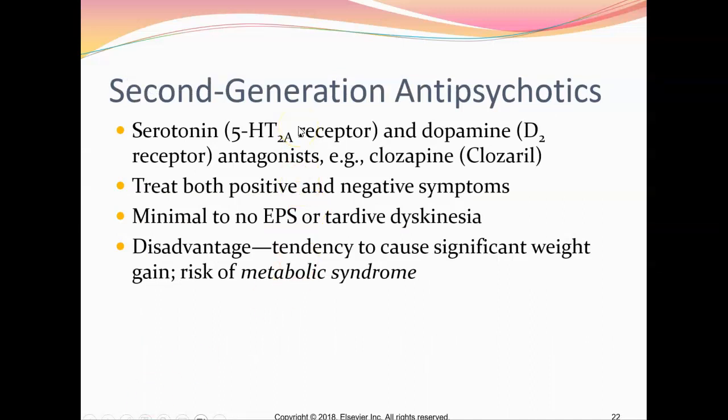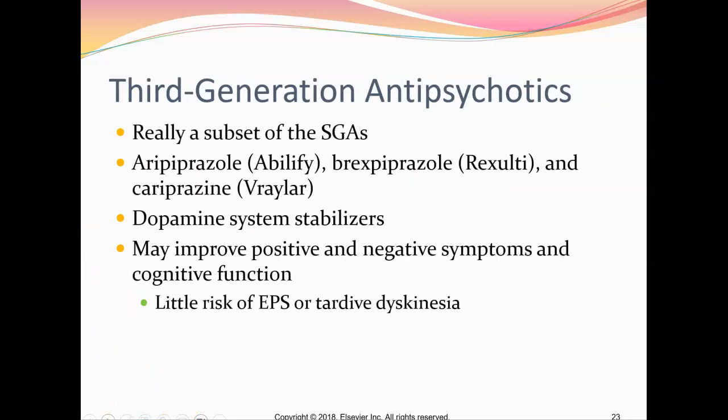The second generation antipsychotics treat both the positives and negatives. Big advantage is there is minimal to no extrapyramidal side effects, so that is a big positive. The disadvantage is that there is typically significant weight gain and risk of metabolic syndrome with our second generation antipsychotics. And then we've got our third generation antipsychotics.